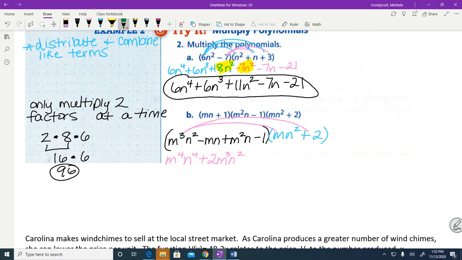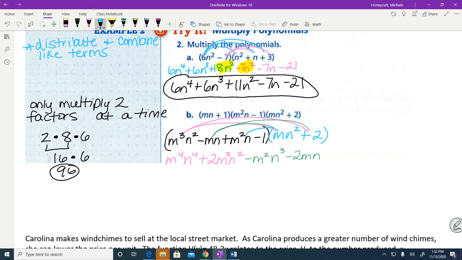Then we're going to multiply the negative mn times m squared, mn squared. M times m is minus m squared n to the third power. Negative mn times 2 is minus 2mn. Then I need to multiply m squared n times both.